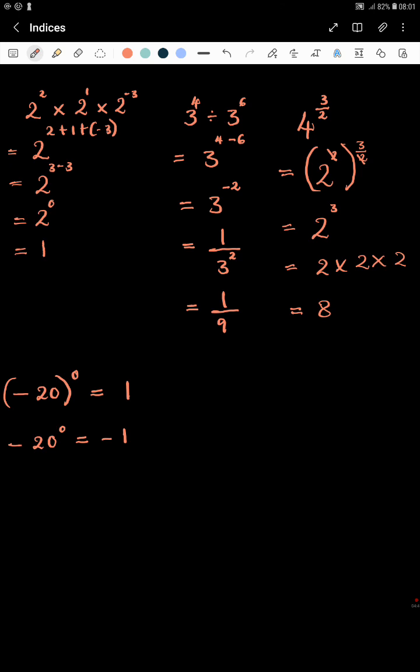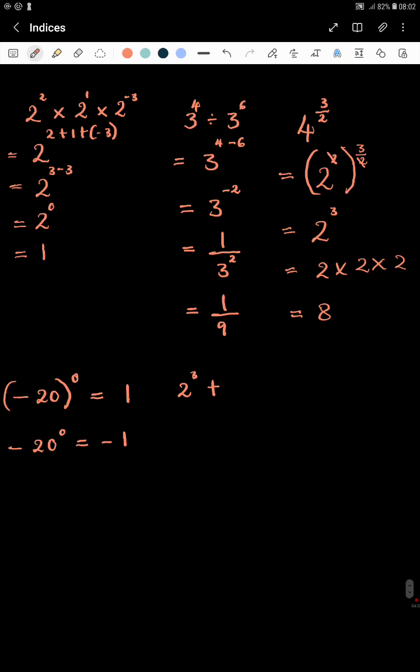Okay, and if you get questions that involve indices but are not being multiplied, divided, or involving square roots or anything, you need to simplify the numbers independently and then add them if they are supposed to be added, or subtract them if they are supposed to be subtracted.